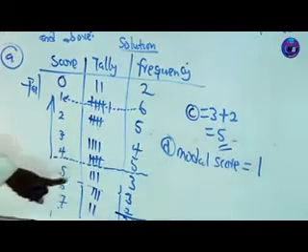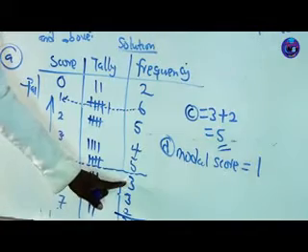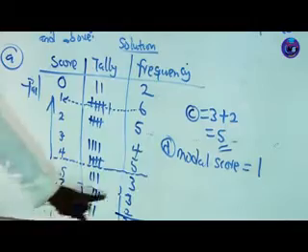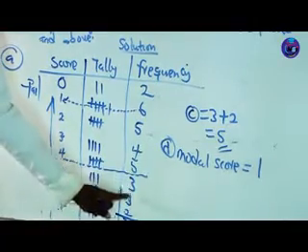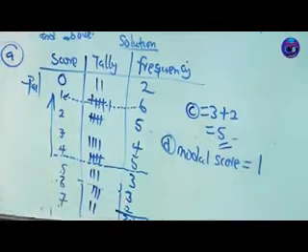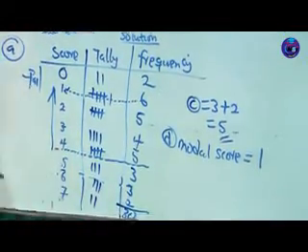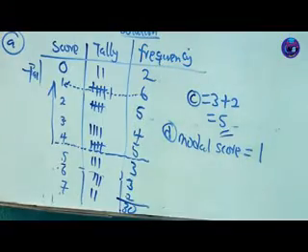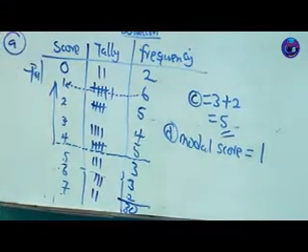So what are we going to do? We are going to add the frequency of 5, 6, and 7. So when you add it together, you get 3 plus 3, which gives us 6. 6 plus 2 gives us 8. Now, we are going to do some calculation here.